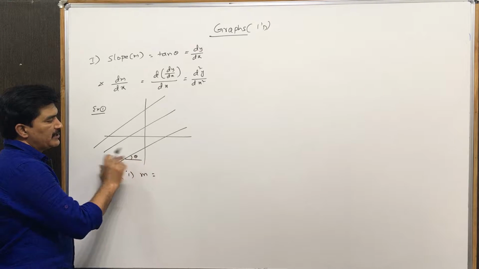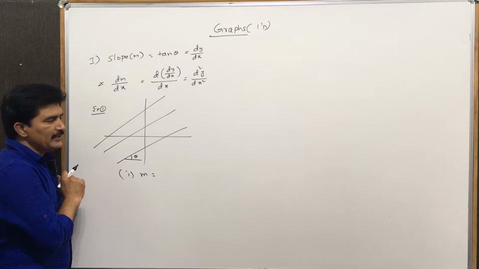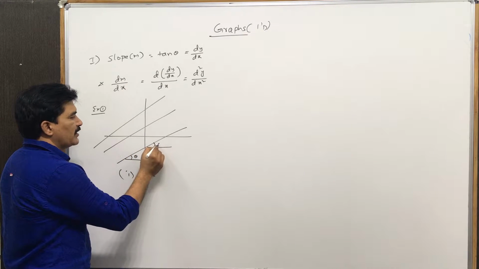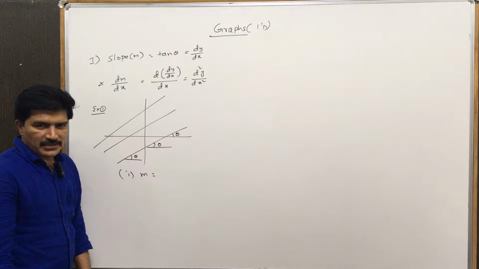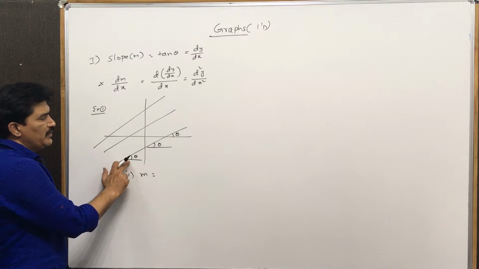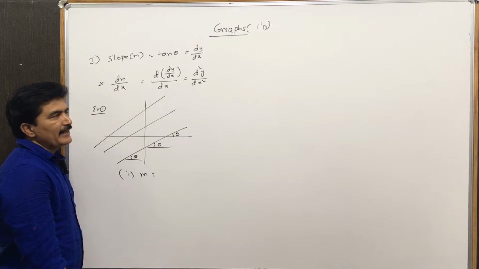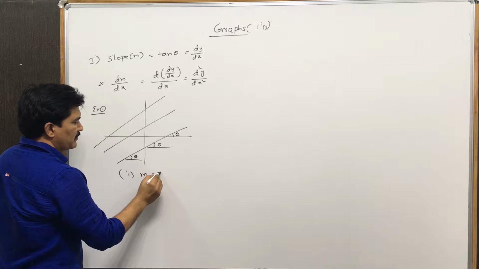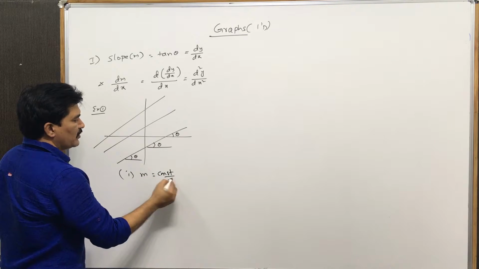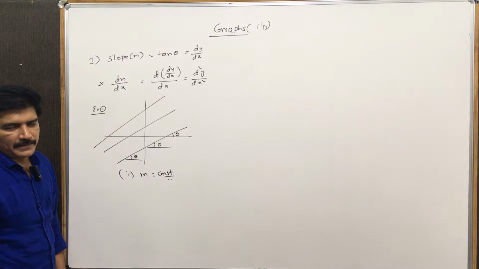At this point it makes an angle theta, and at this other point it also makes the same angle theta, because it is a straight line. So tan theta is the same, indicating that tan theta is constant, meaning slope is constant. So for all straight lines you can conclude slope is constant.